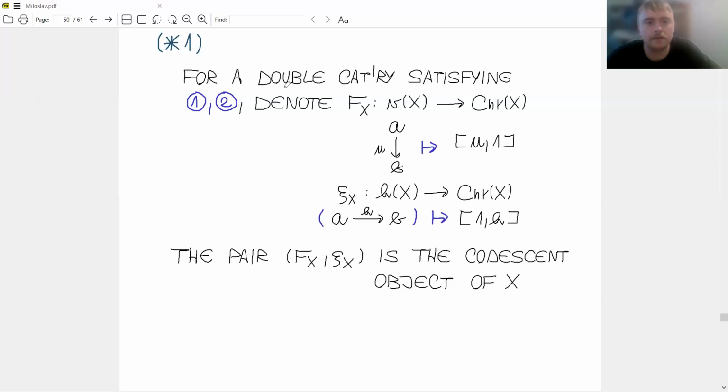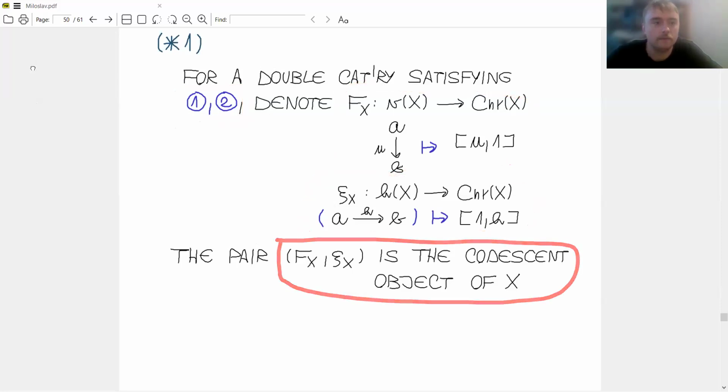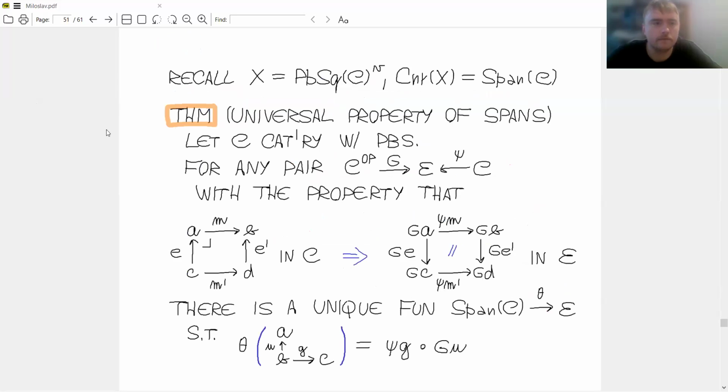If you have a double category that satisfies, for example, these two properties of being bicartesian and having filling corners, then we can consider these two embeddings. And you can see that this is the codescent object of X. So as an explicit example, let's come back to it again. Let's consider the pullback squares again. I've told you that the category of corners is spans.